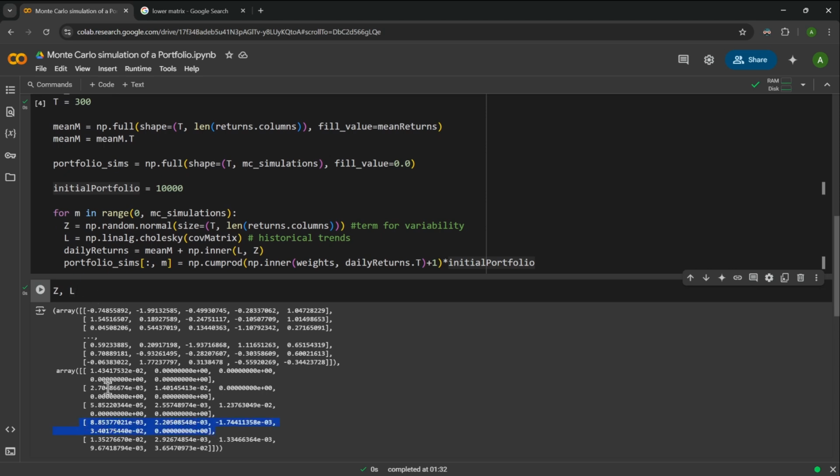Yeah. Can you see it? We can see all of these zeros over here, which is because it's a lower matrix. It's just not formatted properly, so I don't think we'll be able to see it properly. But Z just gives the shocks or variability. Let me check that and let's look at daily returns now.